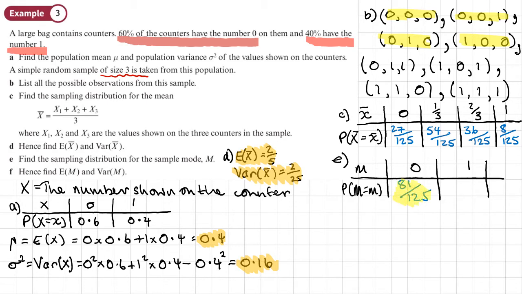And then for these ones here, the ones I'm doing in blue, these are the ones where the mode is going to be 1. What's the probability of these happening? Well, it's going to be 36 over 125 plus 8 over 125, and that's going to give us an answer of 44 over 125.